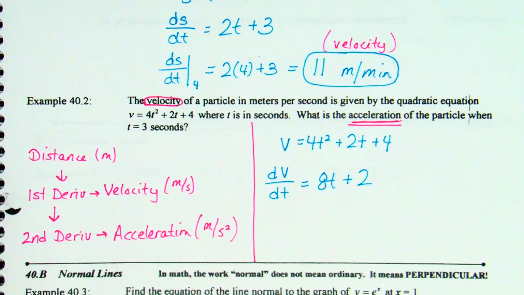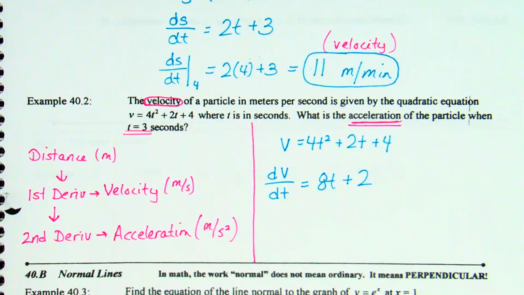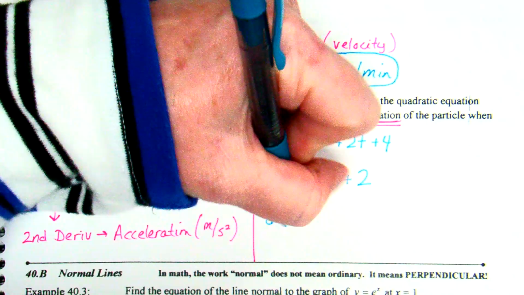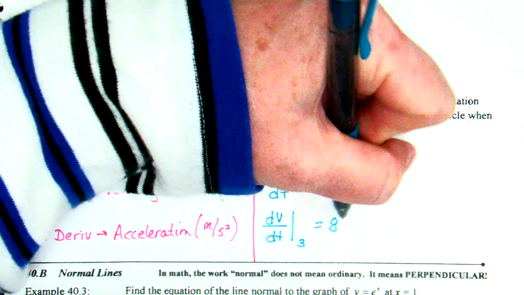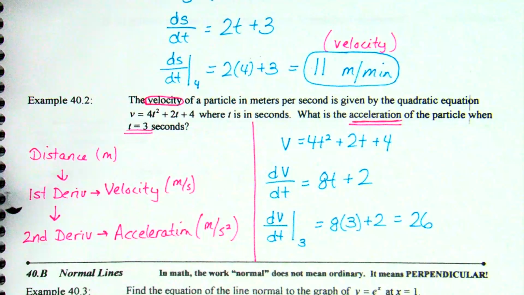It said what is the acceleration, and what was the rest of that problem? When t equals 3. So what do you do here? Plug in 3 for t. So we're finding dv dt evaluated when t equals 3. And what do we get? Okay, 26.